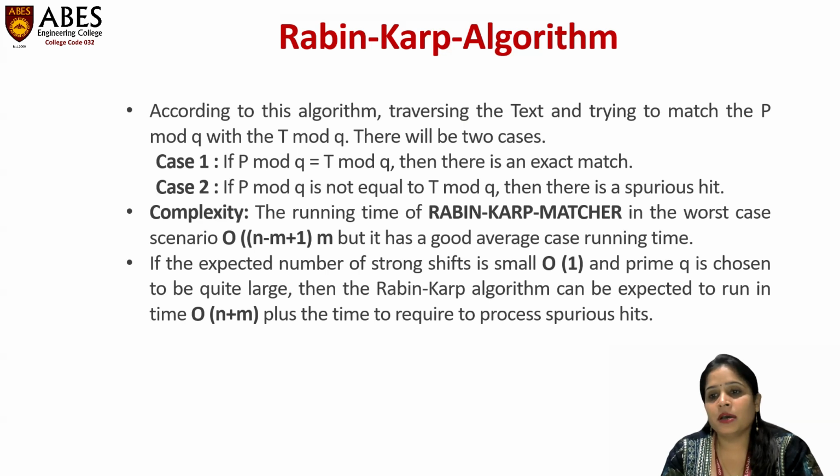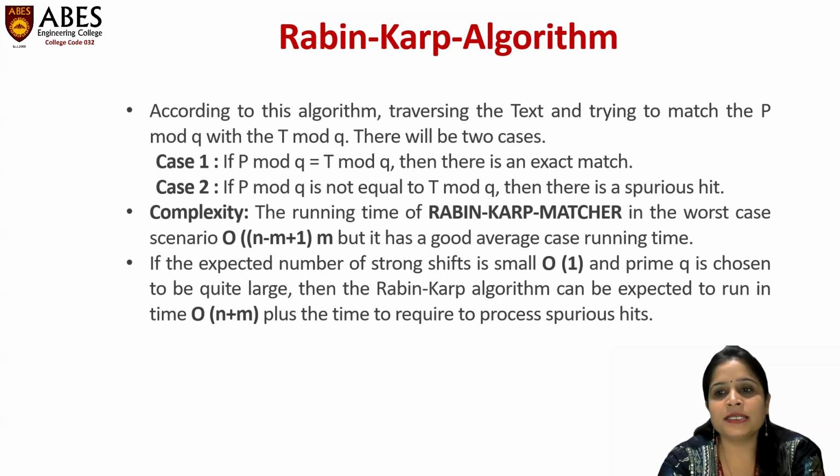A valid hit means our hash value matches, and after analyzing the pattern, the pattern is found. In a spurious hit, our hash value is matched, but when we analyze the pattern, the pattern is not matched.